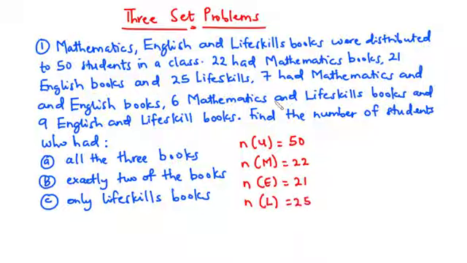Now we are also told that 7 had mathematics and English books. So that is mathematics intersection English is 7.